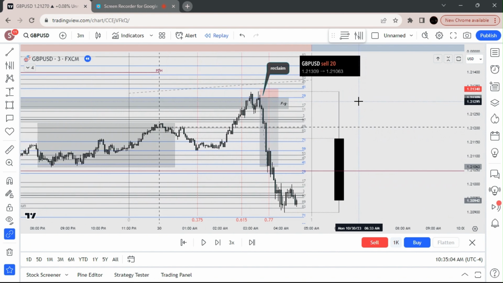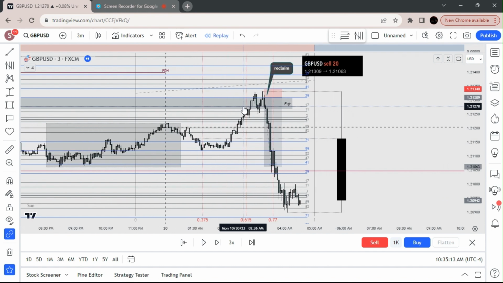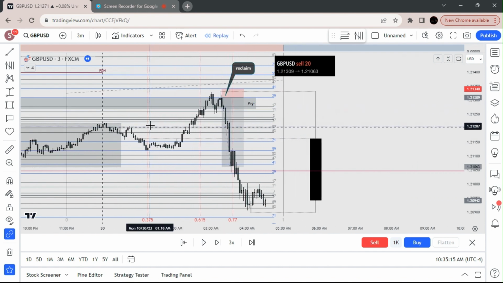What I was looking at this morning is I saw price was moving higher, so I thought, okay, we're taking out liquidity higher, which is the fake move. It's always going to be a fake move before the real move.